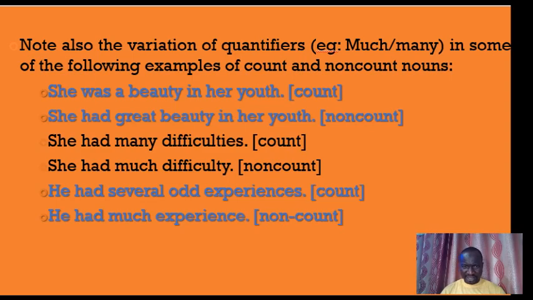A beauty here is count. She had great beauty in her youth. Here we call it non-count. She had many difficulties. Count. She had much difficulty. Non-count.